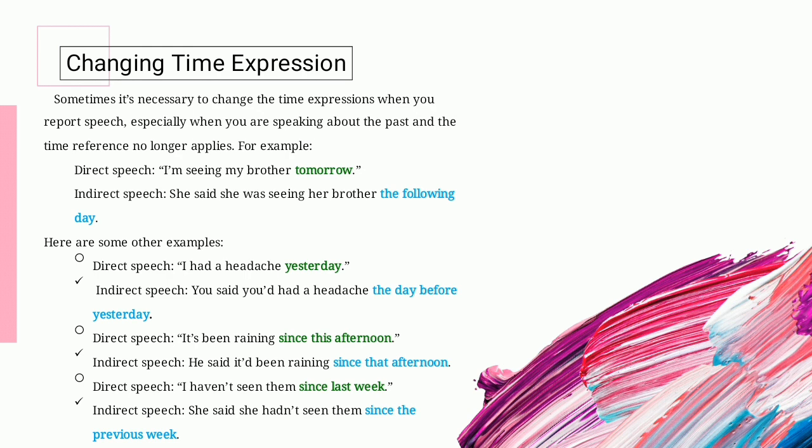And next, in direct speech, "It's been raining since this afternoon" became, he said it had been raining since that afternoon. And the last, in direct speech, "I have not seen them since last week" became, she said she had not seen them since the previous week.